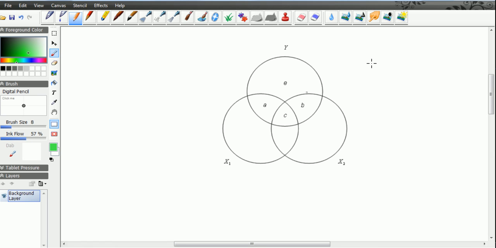So just imagine we can pretend that it's represented by a circle. And x1 we could say is our intelligence variable, so that is IQ. And let's say x2 is our motivation variable.